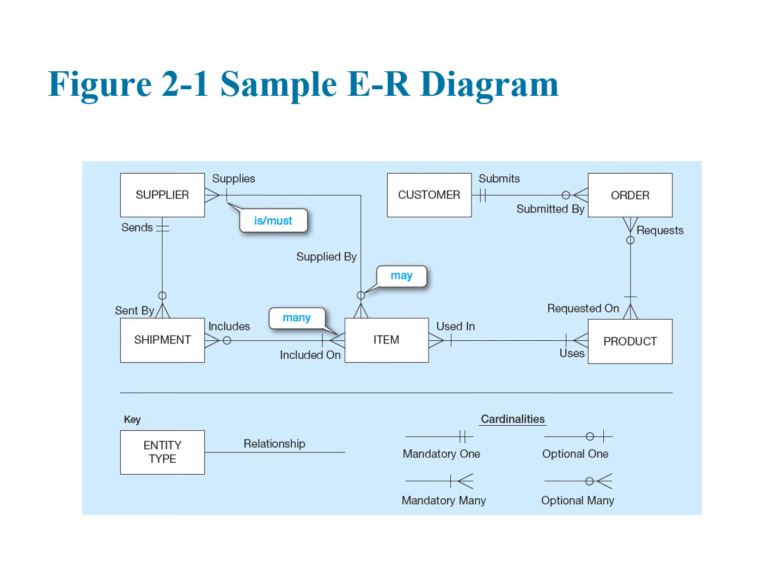So actually in this figure, we have to study in this class about entities, entity types, and the cardinality: mandatory many, optional many, mandatory one, and optional one. So those are the kinds of things we're going to study.